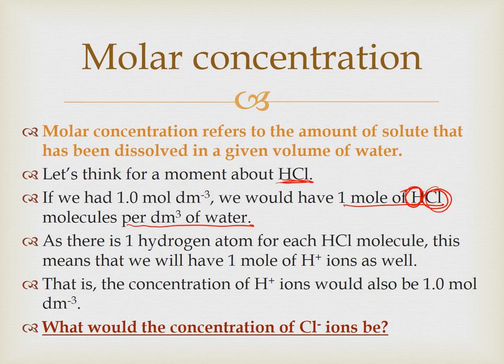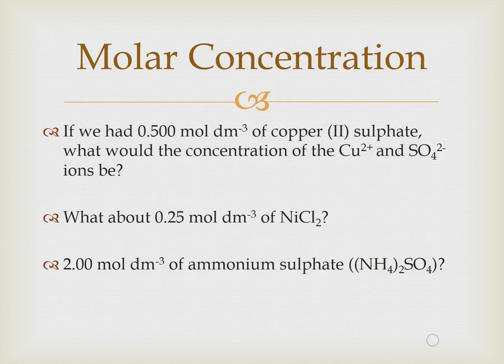So with respect to hydrogen ions, the concentration would be 1 mole per decimeter cubed. With respect to chloride ions, the concentration would be 1 mole per decimeter cubed. And with respect to hydrogen chloride molecules, it would be 1 mole per decimeter cubed. It changes if we look at the coefficients of that molecule changing. Okay, and that's what the next couple of questions are on.